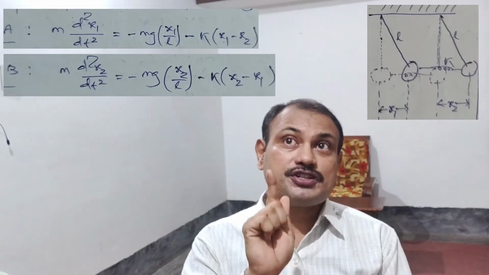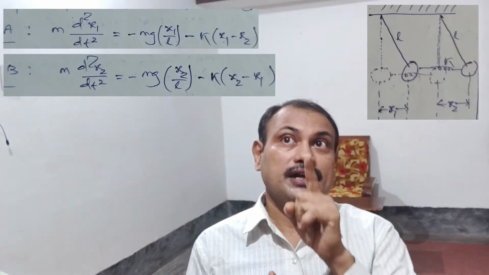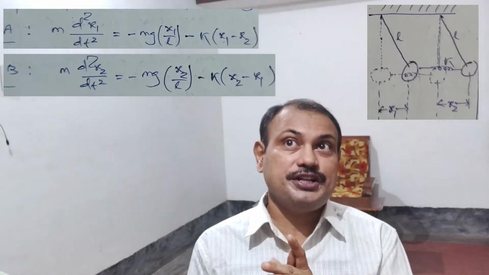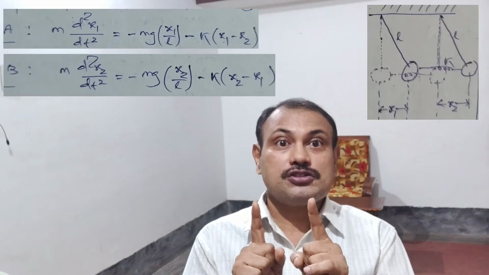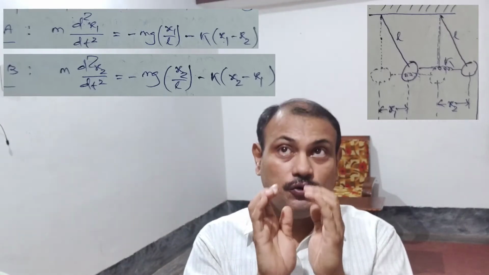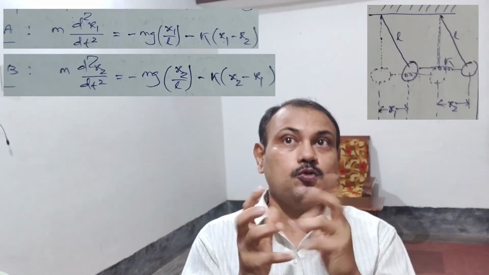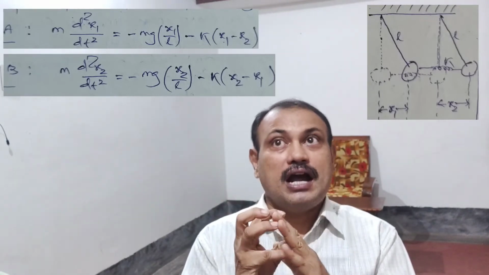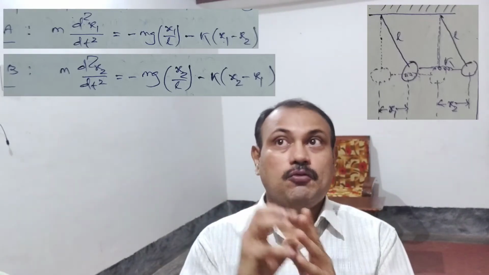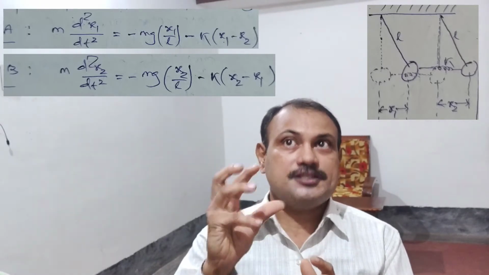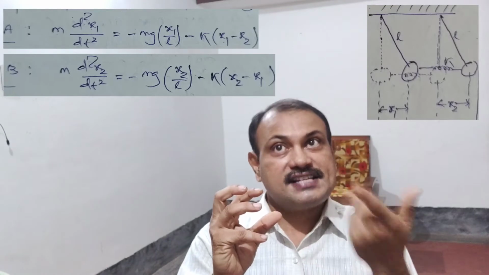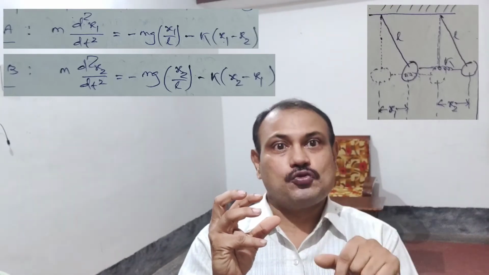The important thing you must see here is that the restoring force owing to the spring has two parts, one because of pendulum A and one because of pendulum B. For the first pendulum, the restoring force is minus kx1, and simultaneously plus kx2. It is plus kx2.